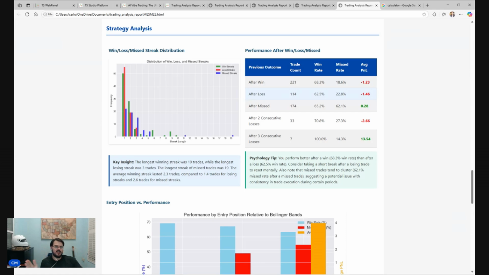It's not a sequence of trades, because some of the trades we removed to trade the minis. So after one loss, in this report, we don't have that data. We trade the mini. So for this report, after one loss, we have the trade that comes after the mini trade.